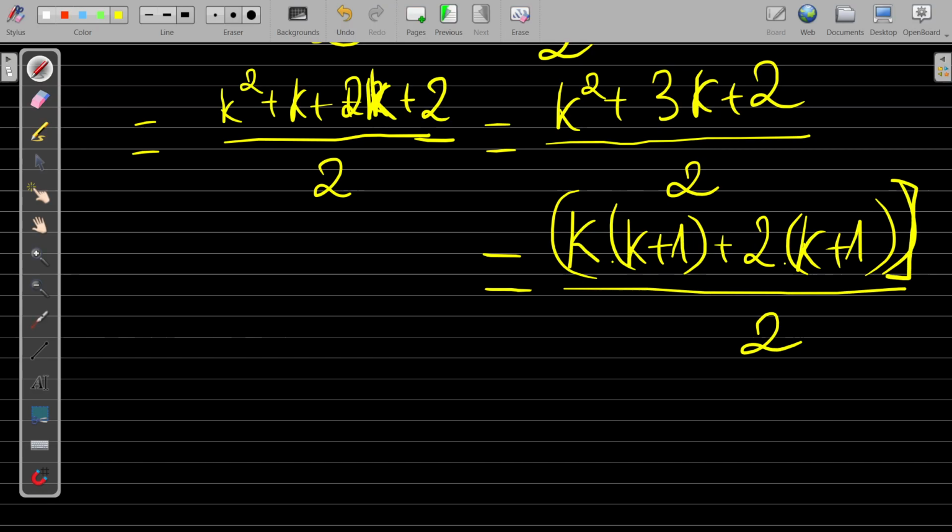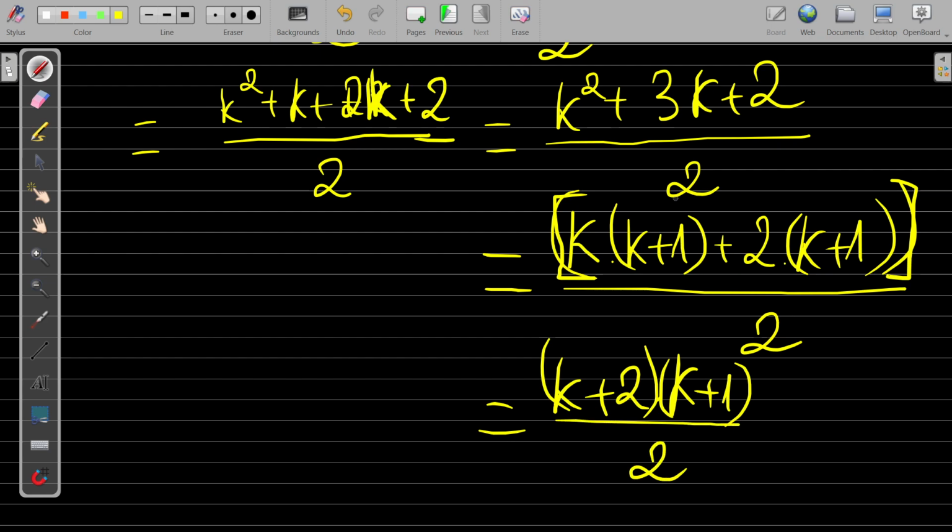This will be a square bracket, sorry, and this will give us k plus 2 multiplied by k plus 1. I expanded this. You don't actually need to expand this, but I expanded it, and anyone who really likes factorization can do this step.